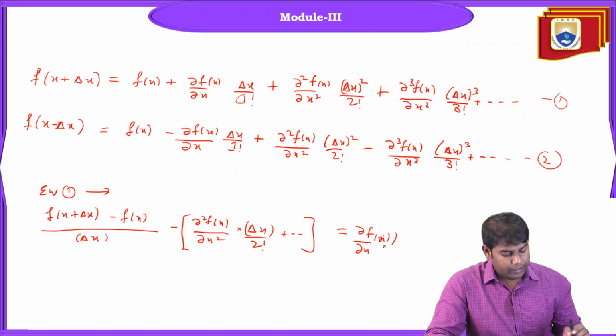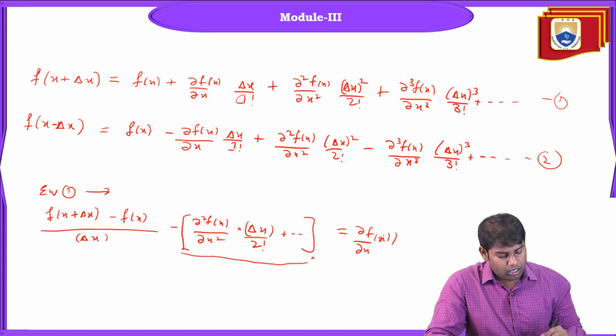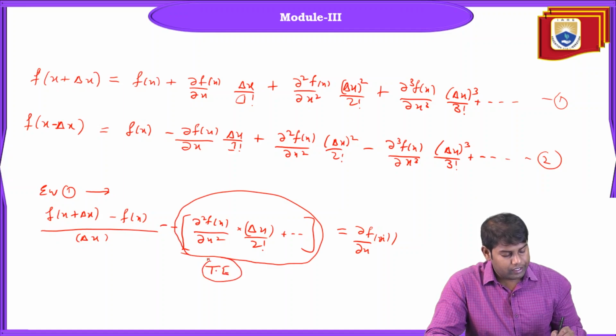The higher order terms we have written are called TE terms, which are the truncation error terms. We will neglect these terms and place them as higher order terms.